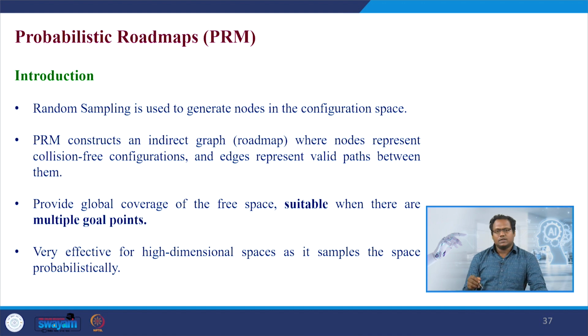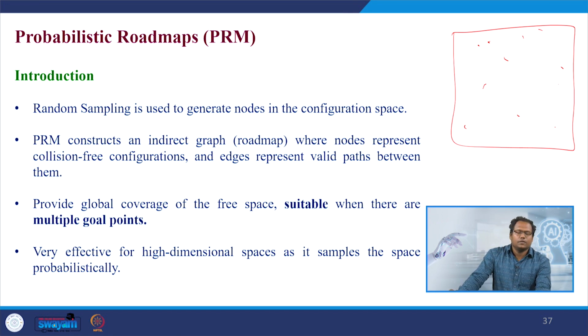You have a space, search space, randomly select the nodes. By connecting it, you form a graph, and finally choose a path from the graph which will be the end solution of this PRM.